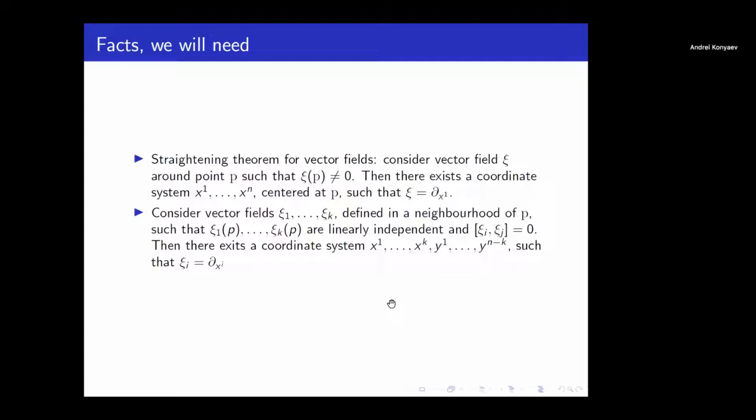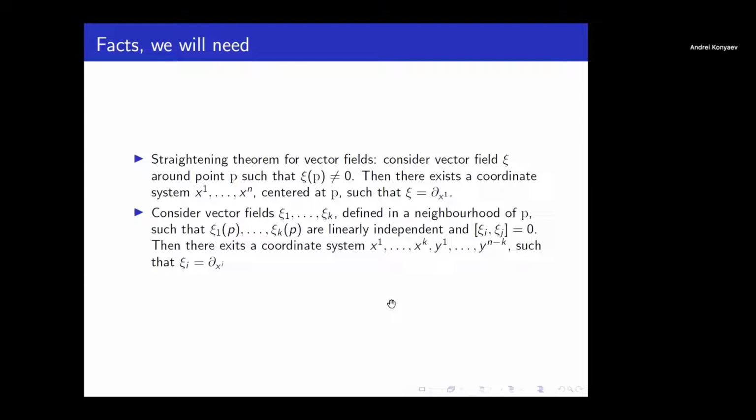We need one part of this theorem, which implies that if you have k vector fields, and they are all linearly independent at one point, then most of the facts we deal with, we deal with them in local coordinates which are centered at point P, which is important. We will mention that in the statement of the theorem, and sometimes we do, sometimes we don't, but we will mention if it's not assumed.